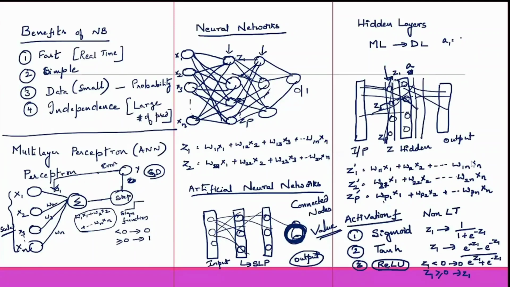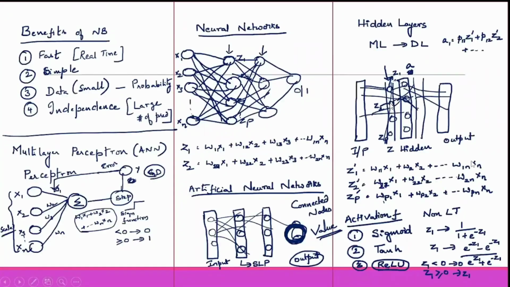Let's say P is the set of weights: P11 Z1 plus P12 Z2 and so on, Z2 dash, and so on. Like this, multiple equations are going to come, which means there are so many parameters. These are all the parameters that we have to determine.